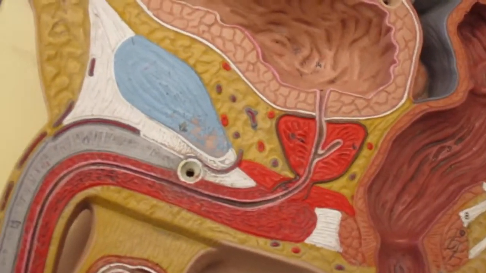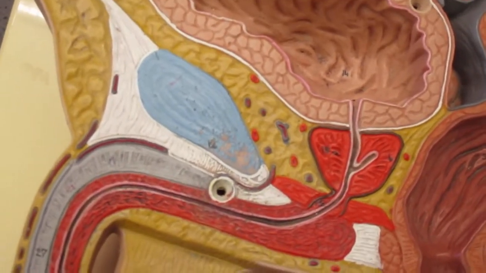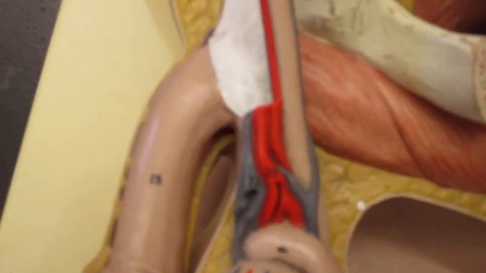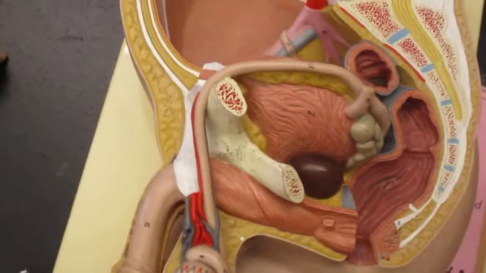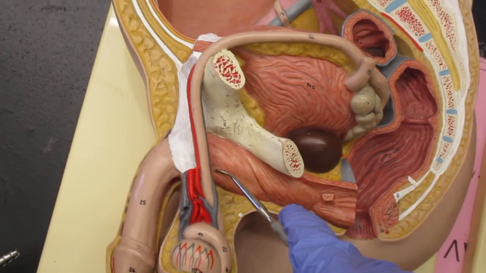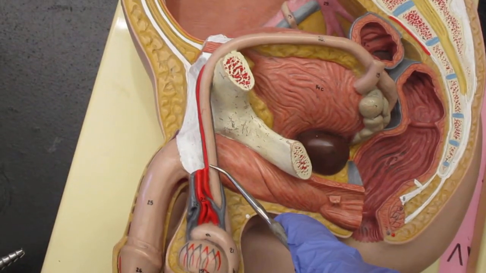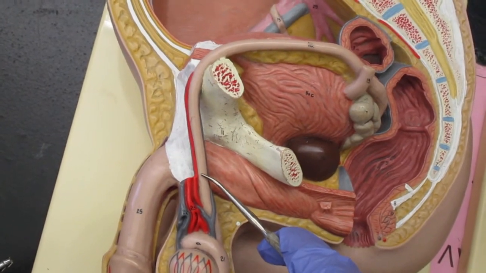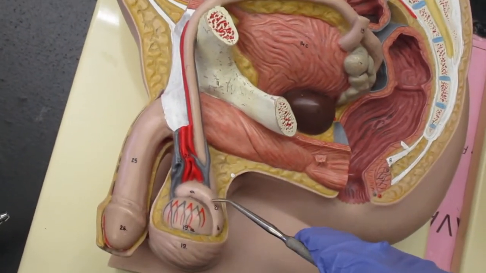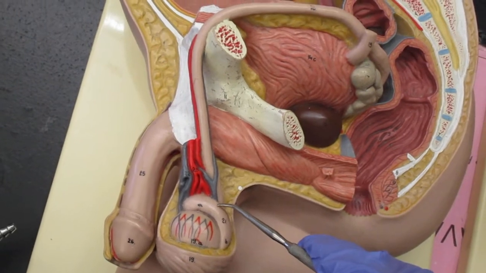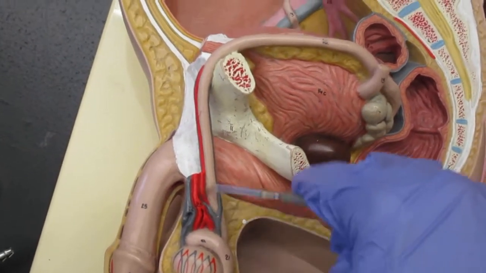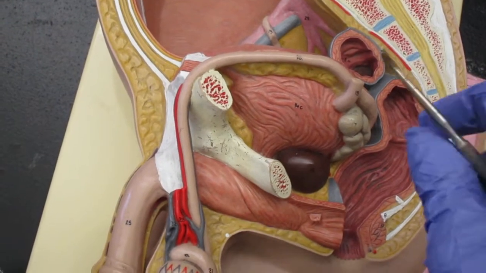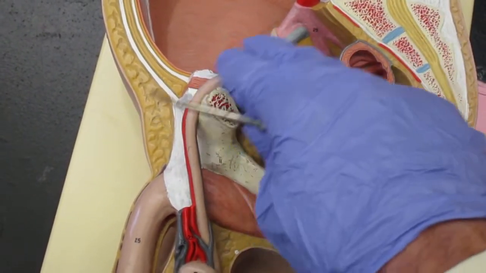Okay, I want to next move on and talk about the vas deferens. So you have the vas deferens right here. Here's your vas deferens right here. And with the vas deferens, this is going to be the tube that conveys the testicular fluid up into the pelvic cavity.